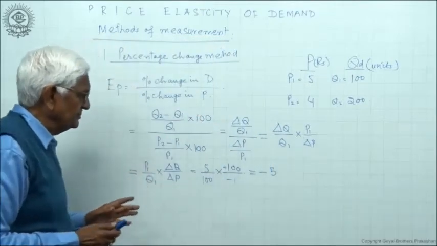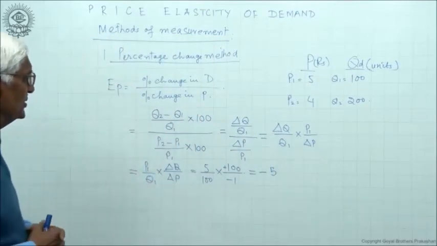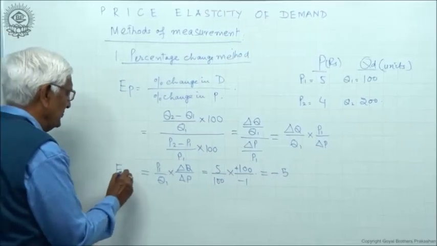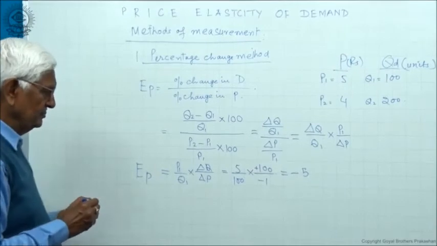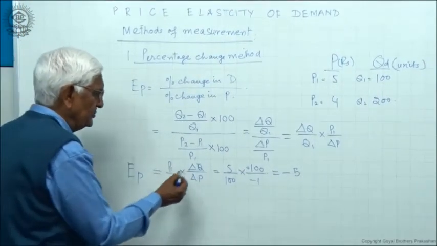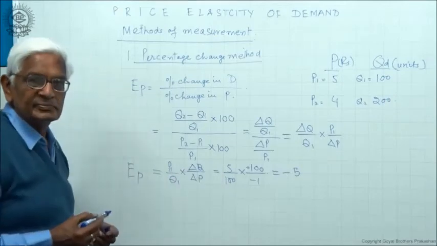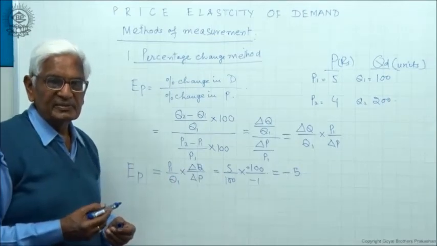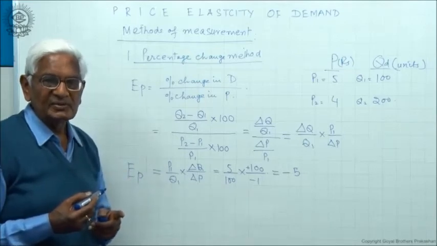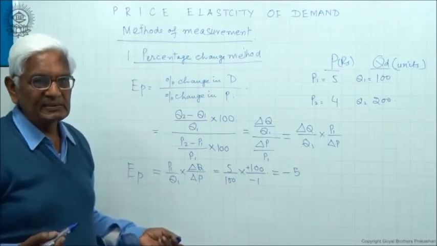Now remember, for examination purposes, this is the percentage method formula. How many variables are there? There are 1, 2, 3, 4, 5 variables. If you are given the values of just four, you can find out the other one.